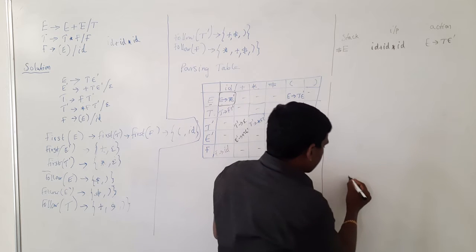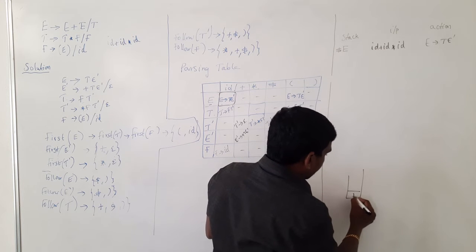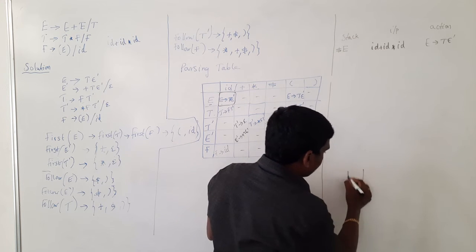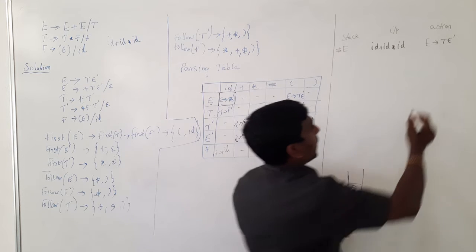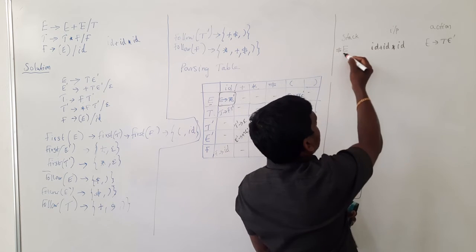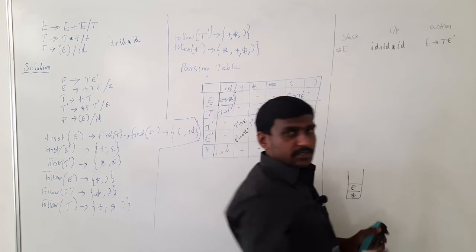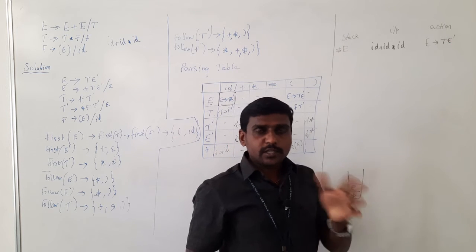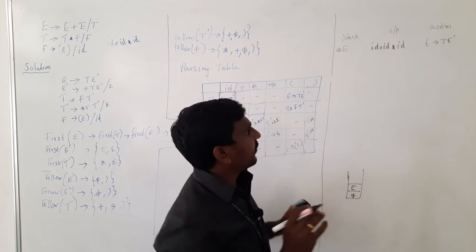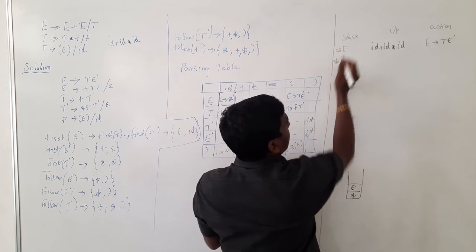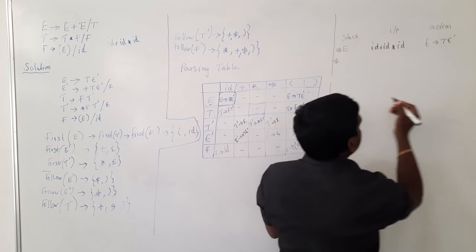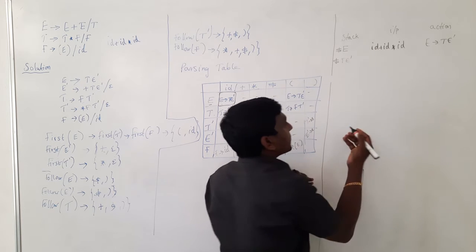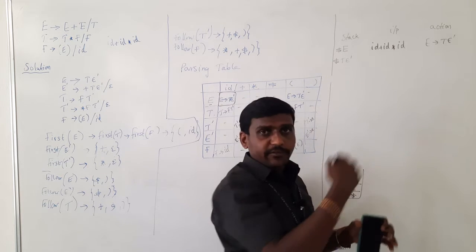Clear? Normally, I have taken E as the start symbol. Now the stack is like this, and in the place of E I want to push T E dash. Since this is a stack, we push it in reverse order. That I also taught you in a previous class. That is the behavior of the parser. So in the place of E, we don't write T E dash, because the stack takes it in reverse order.